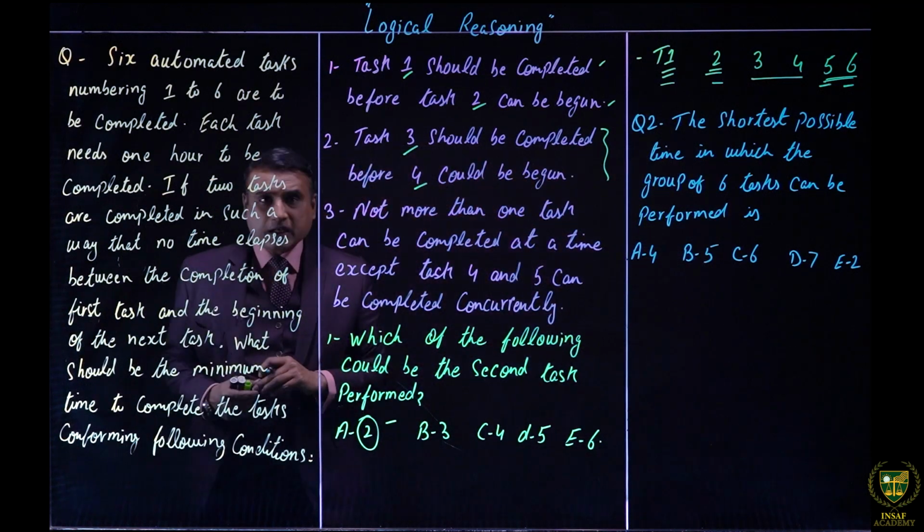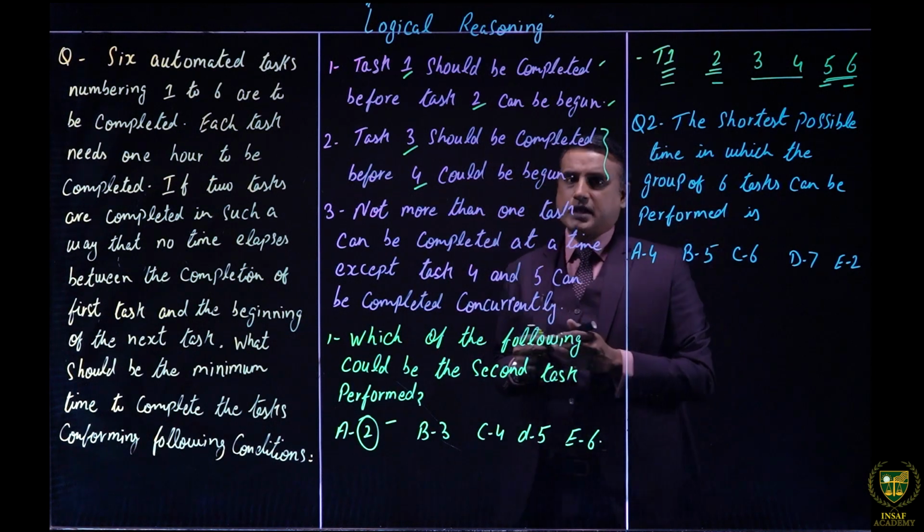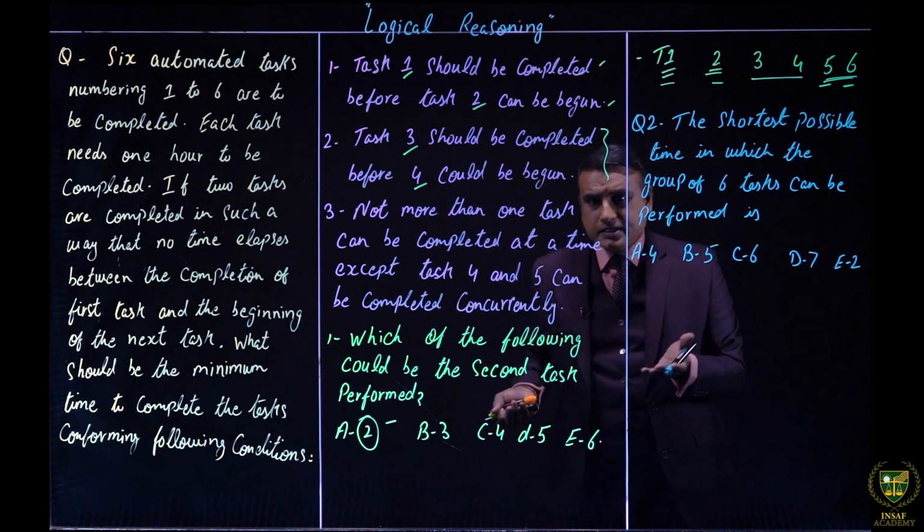Apparently, you may feel that the right answer is option Charlie, 6, because 6 टास्क हैं और 6 ही घंटे हैं.